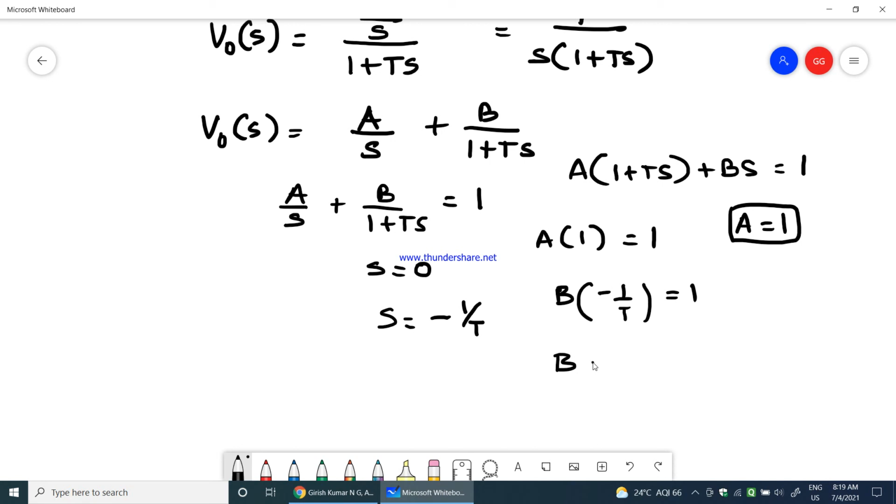So B is equal to minus T, or we can say B is equal to minus RC.